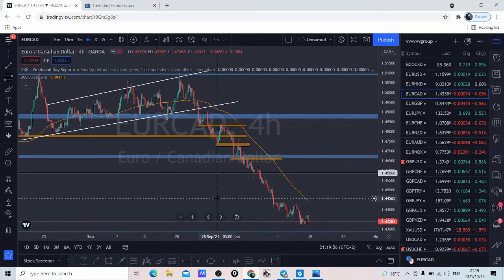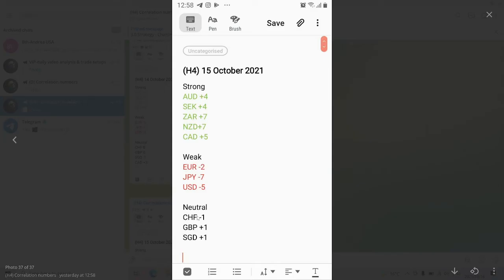On this one, guys, it's still Euro CAD. Because I've made a mistake here, guys, Euro is sitting at -5 to be specific. This was supposed to be -5, not -2. Even on Friday, it was sitting at -5.